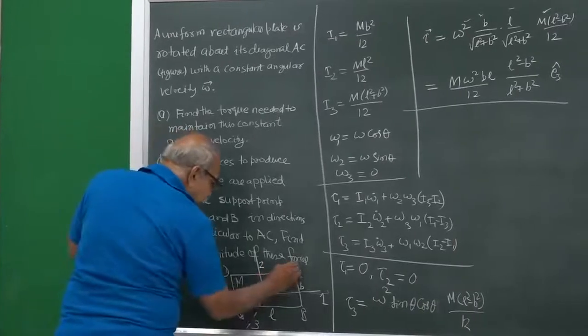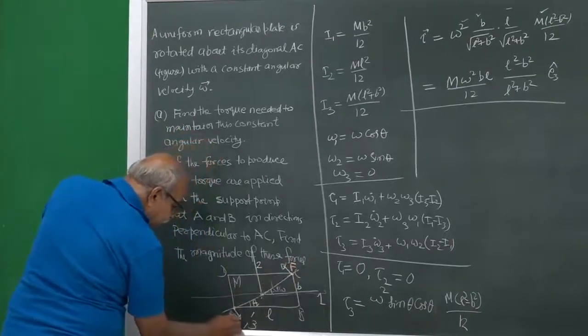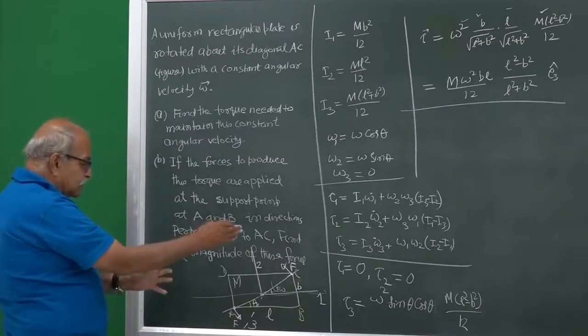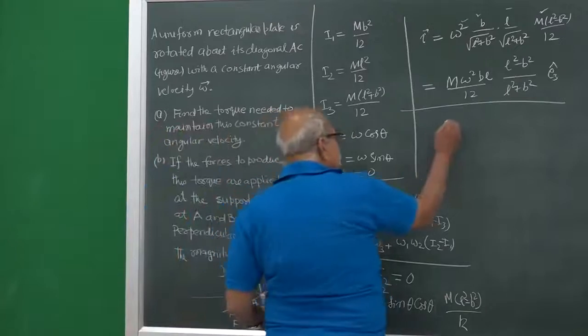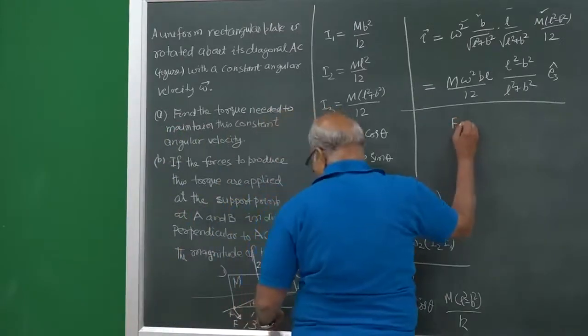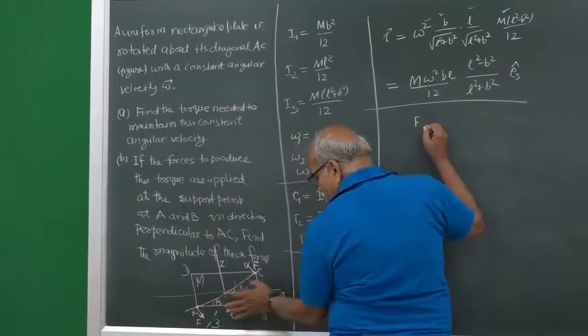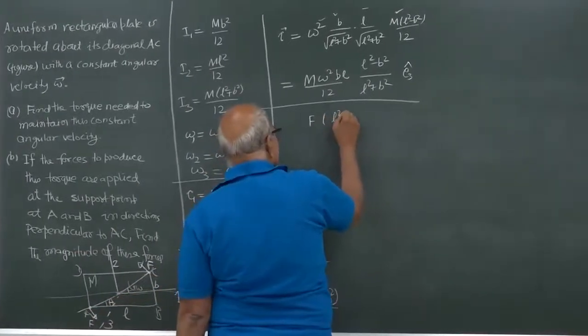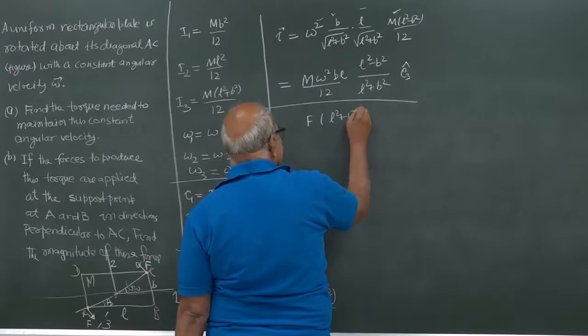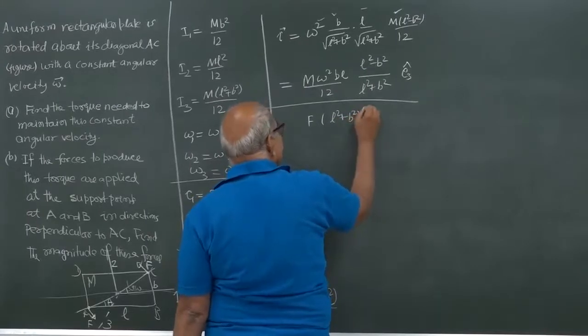So, this is F and this is F, and the torque of these two about this point is F multiplied by this plus this, the whole length, which is the square root of L square plus B square.